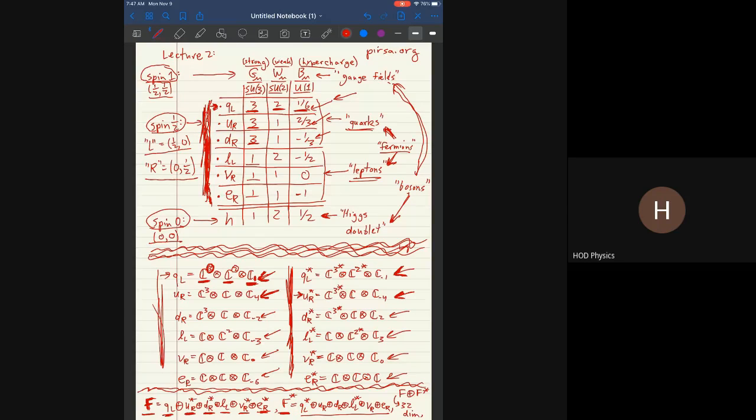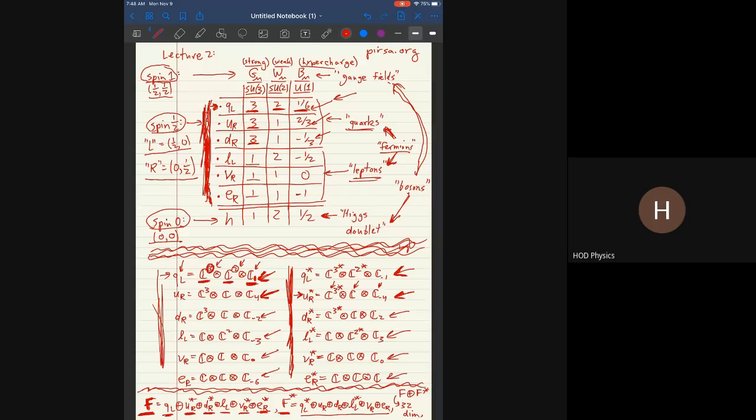If you count up how many dimensions the vector space F has, you'll see that it has 16 complex dimensions. For example, Q left here has 3 times 2 times 1 equals 6 complex dimensions. And then U right star has 3 times 1 times 1 complex dimensions. So when I add those, I would get 6 plus 3.